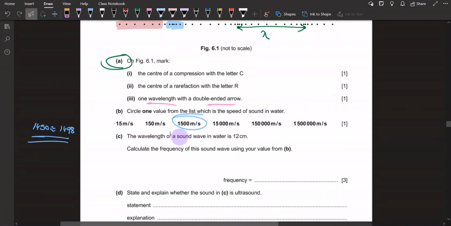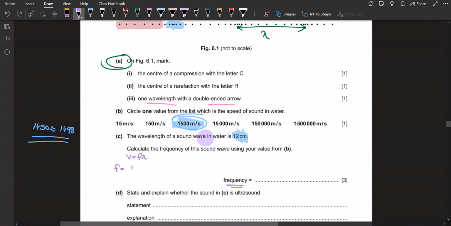Part C says the wavelength of sound wave in water is this. So we have lambda over here. Calculate the frequency of the sound wave using your value from part B, which is here. So we have to use this and the wavelength. For this question, we use the formula V equals F lambda. And since we are finding frequency, we can make F the subject.